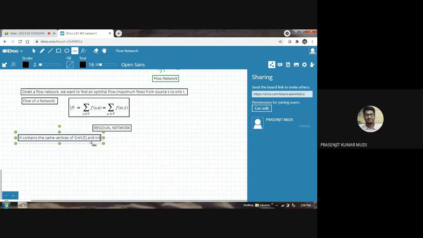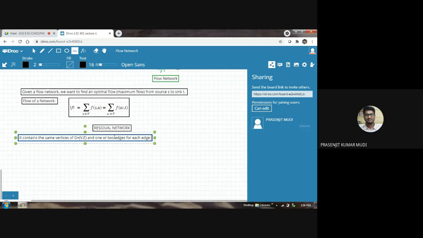It is a very interesting concept, residual network. This concept will be used in an algorithm to find the maximum flow, which is the augmenting path algorithm.